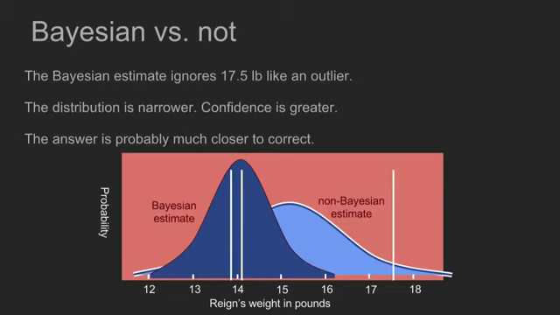So the answer that we got is more confident because it's more centered, and it's probably, based on what we know, closer to being correct. So this is how Bayes' theorem is used most often in data science or in analysis. It's a prior that you then update based on your measurements to sharpen up and get a revised set of beliefs.